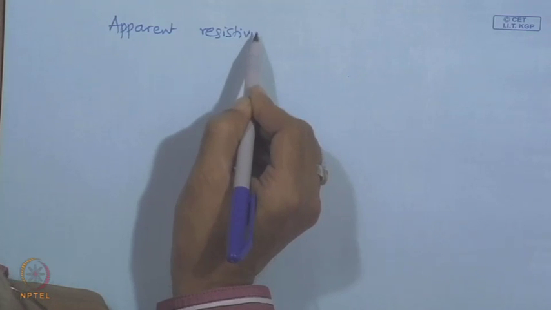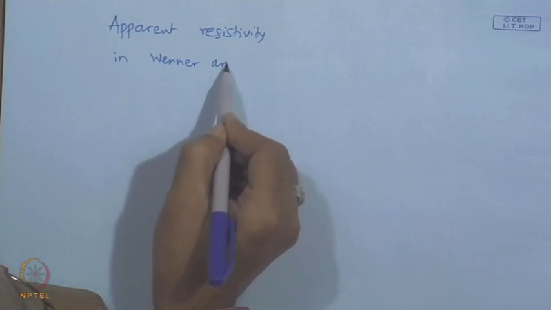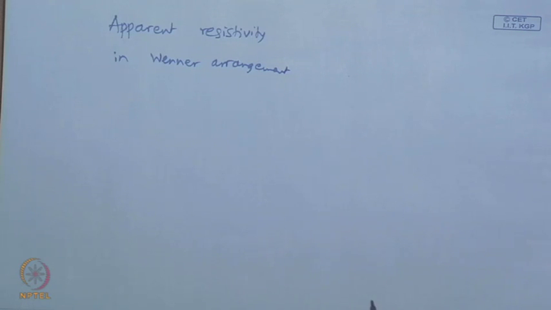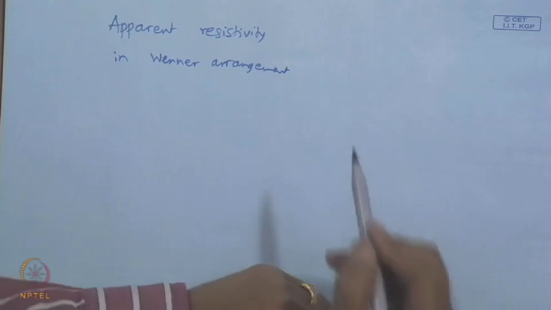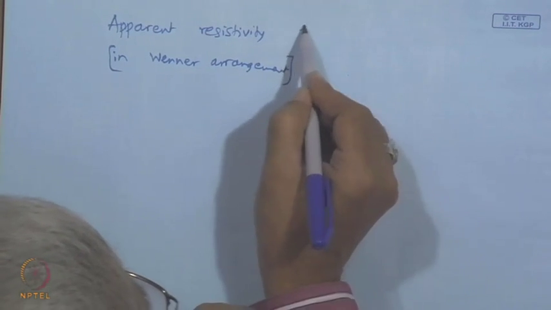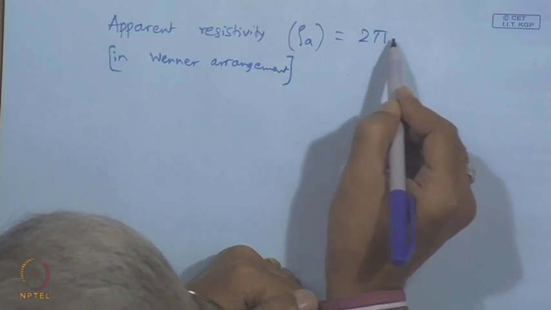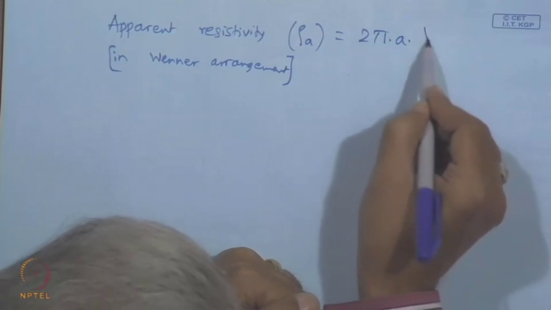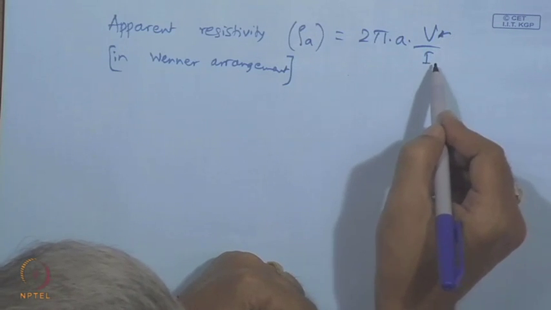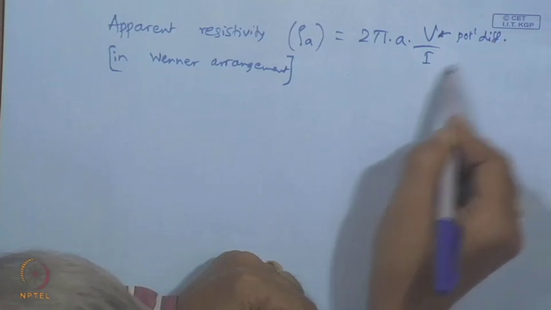The apparent electrical resistivity in the Wenner arrangement is given by rho A, which is 2 pi into A into V by I. V is the voltmeter reading or the potential difference and I is the current.